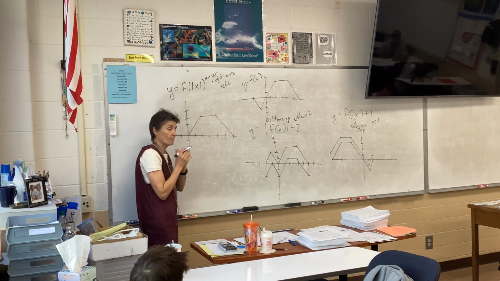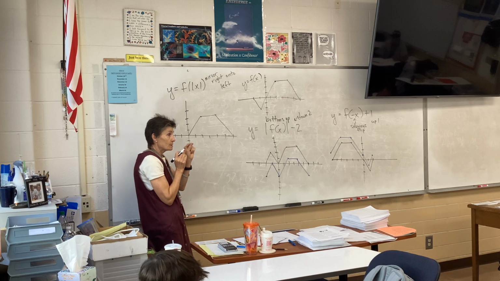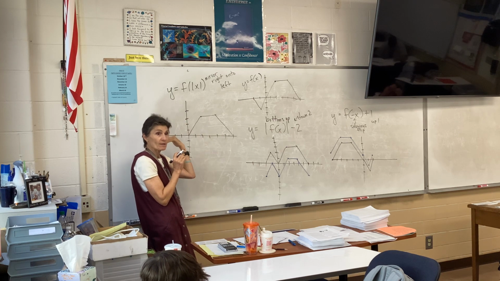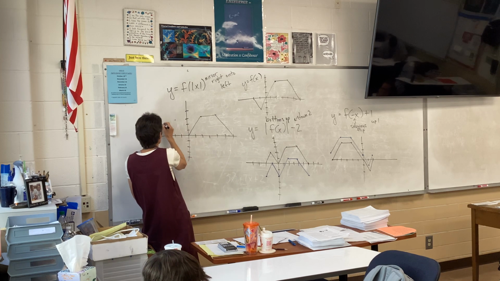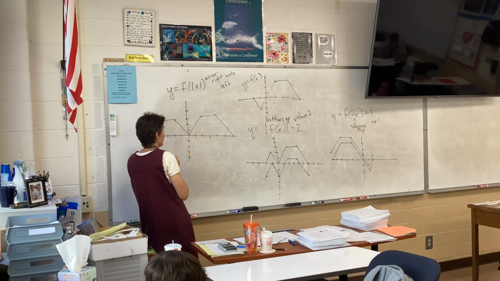There it is, trapezoid. Now, once you get that drawn, take that exact picture and draw it again on the other side. So mirror it over to the other side. And that's it.